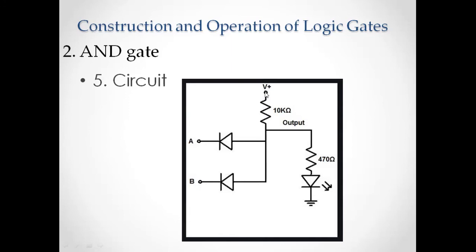So current will search for other paths, and the other path is through the LED, because the LED cathode is connected to ground, so it can flow to ground through the LED, and the LED glows, which means when A is 1 and B is 1, the output Y is 1. This is the operation of an AND gate.